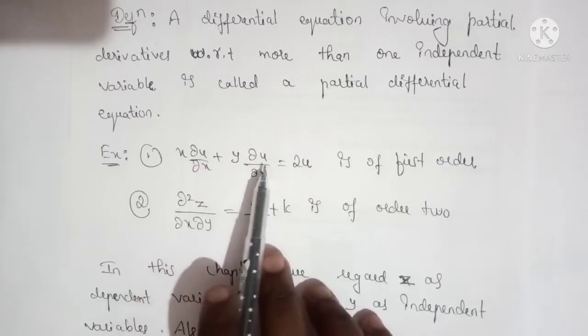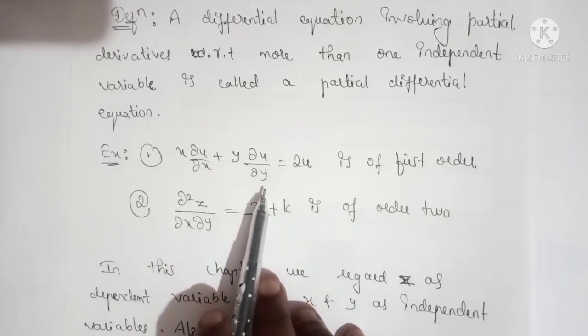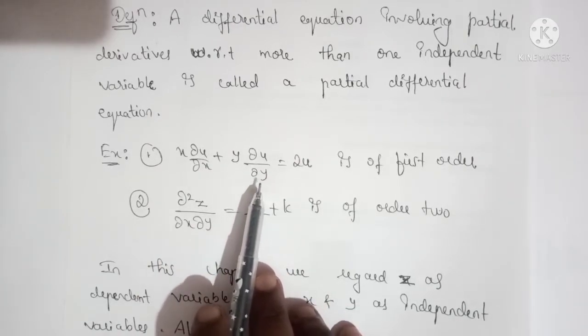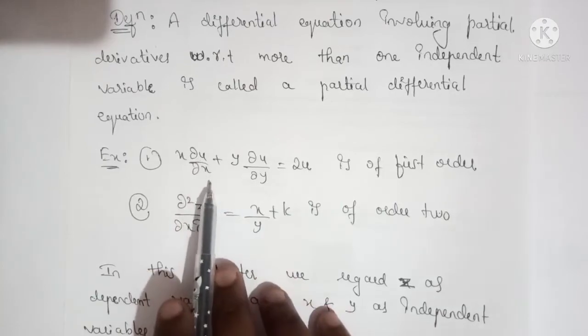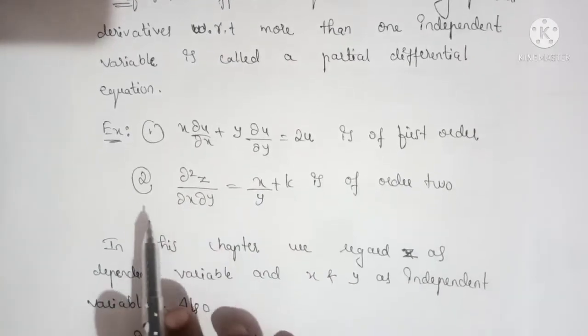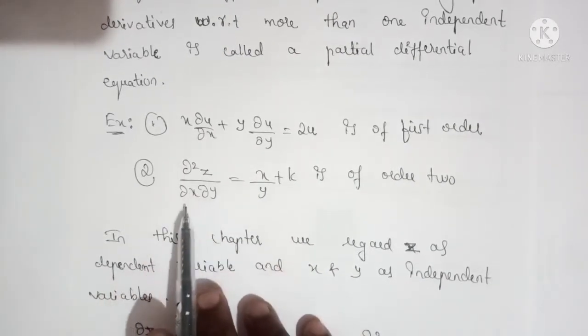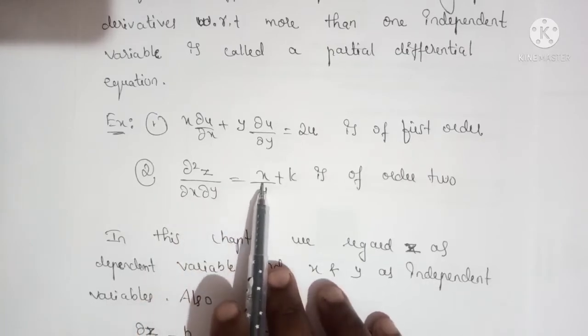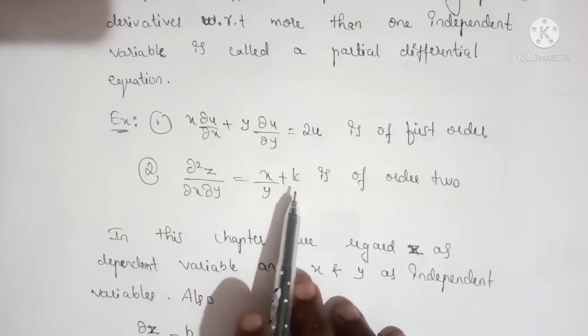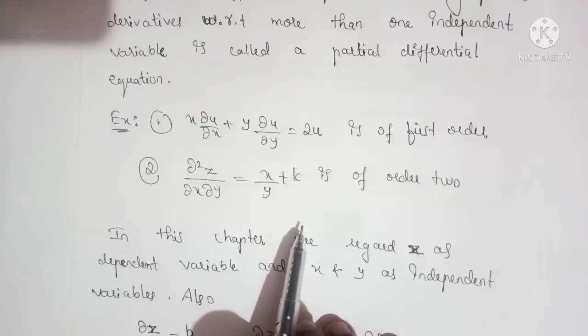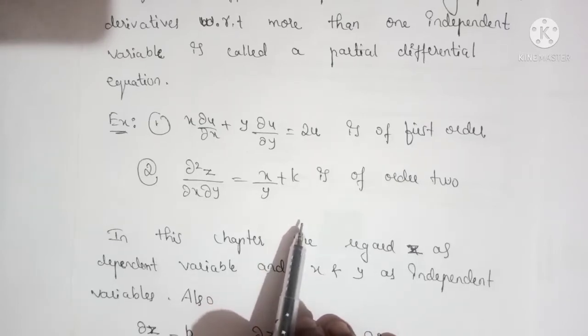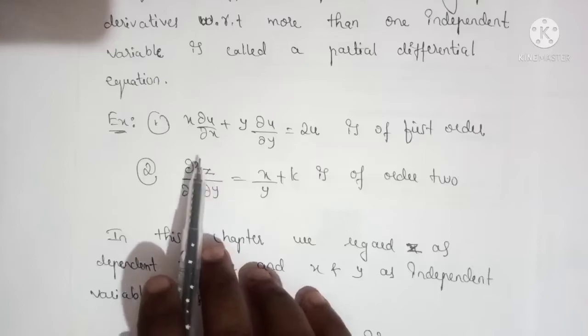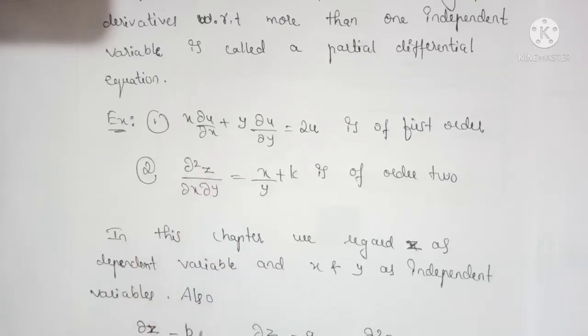Here ∂u/∂x and ∂u/∂y are the partial derivatives of u with respect to x and y. Similarly, the second one is ∂²z/∂x∂y = x/y + k. It is also a PDE, of order 2, because here the order of the derivative is 2.